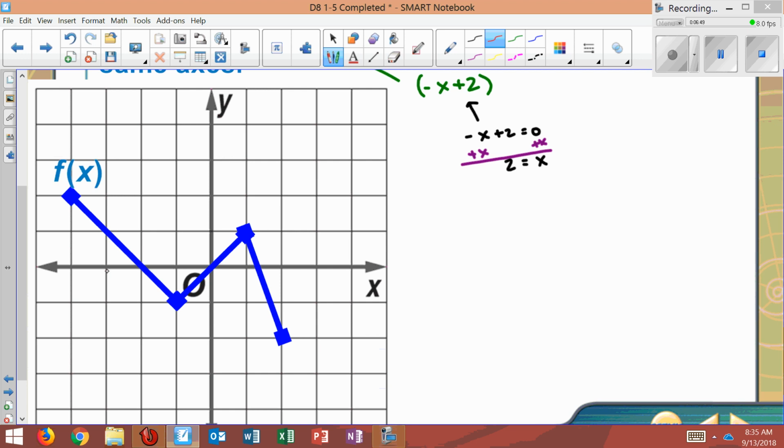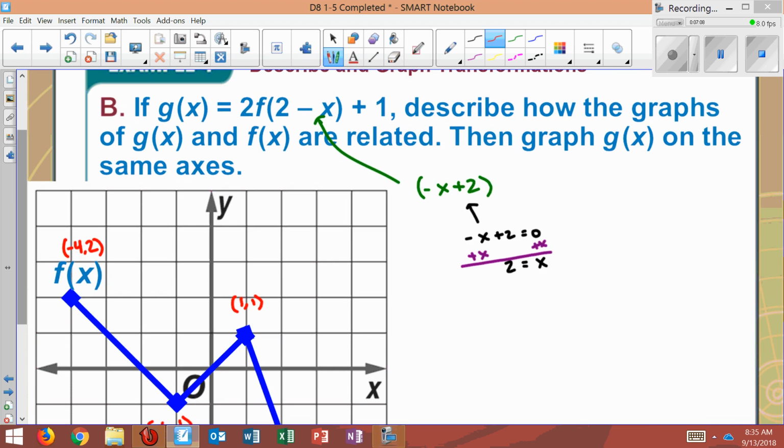This one is left 1, 2, 3, 4, up 2. So that's negative 4, comma 2. This point is negative 1, comma negative 1. This point is right 1, up 1, so it's 1, comma 1. This one is right 2, down 2. Okay, so now the first thing that happens is I flip.